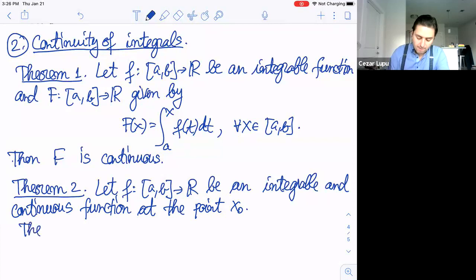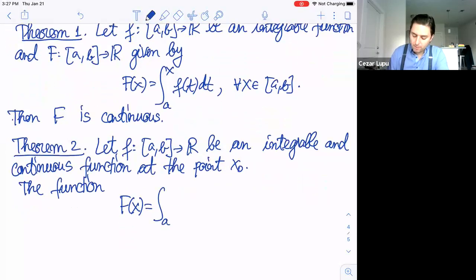The function F of x equals the integral from a to x of f of t dt is defined for all x in [a, b].